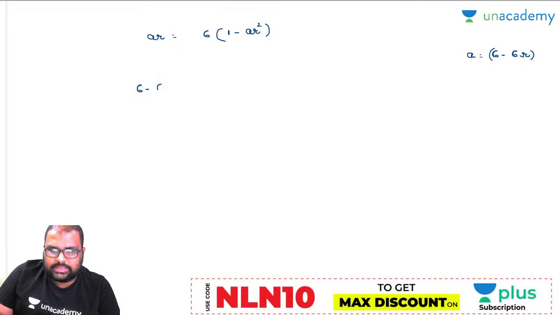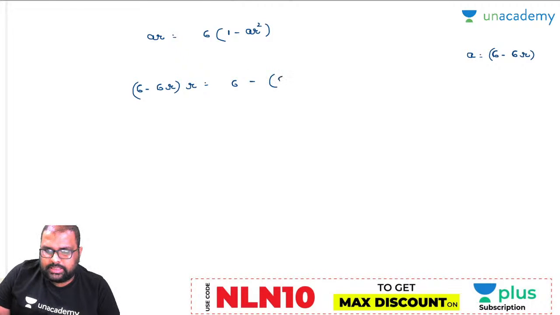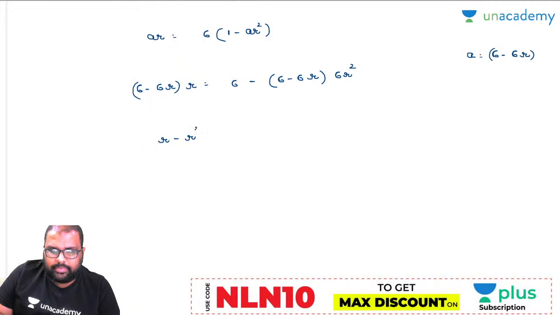6 minus 6R into R is equal to 6 minus 6R into 6R square. I am writing it down directly, right? Observe there: I can write this as R minus R square, because 6 can be made common and I can remove it. 1 minus 6 into 1 minus R into R square.